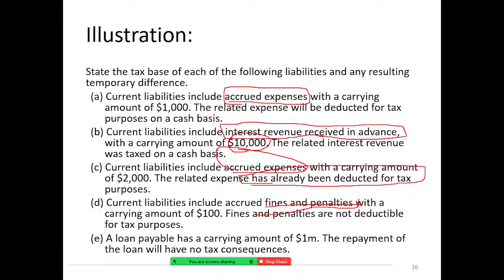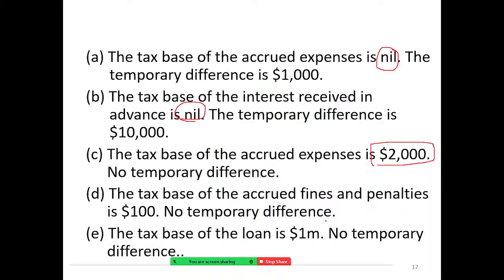So the same principle will be applied for liabilities too. The fines and penalties are not deductible for tax purposes, so the carrying amount is 100. Therefore, the tax base is also 100.